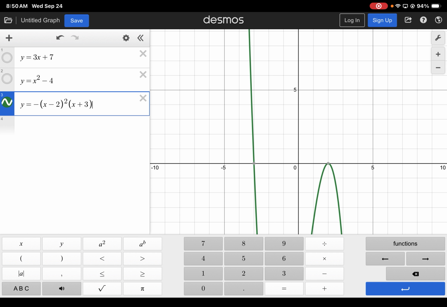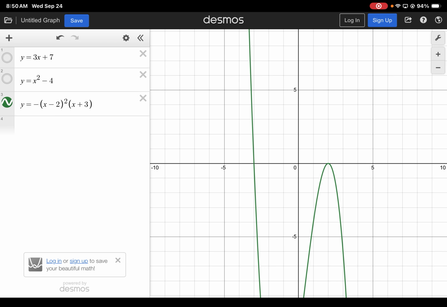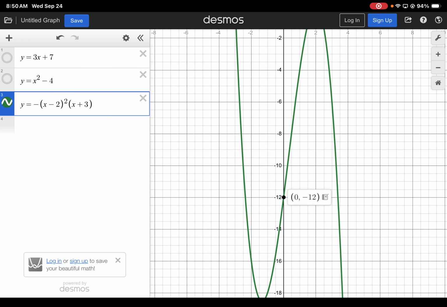Okay, and we said that one had a y-intercept of negative 12, and if you go, you can see negative 12.